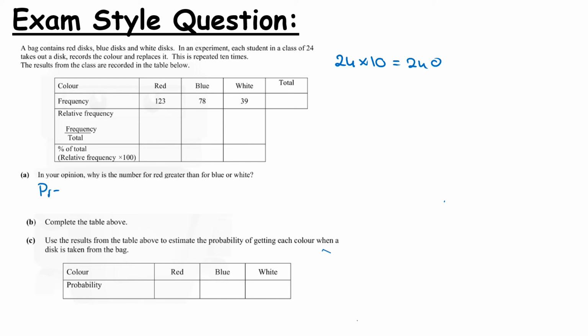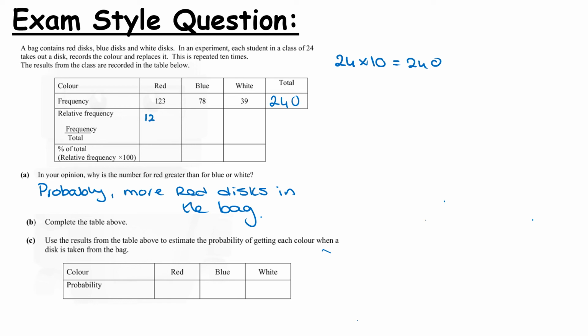So probably, we don't know for sure, probably more red discs in the bag. So then it asks us to complete the table above. So we have 123 plus 78 plus 39. And that is 240.